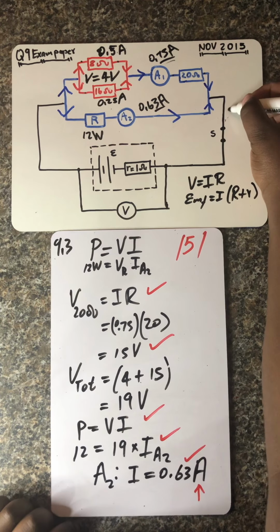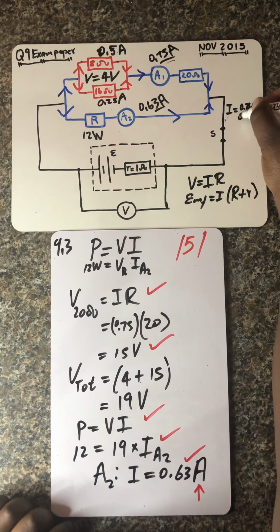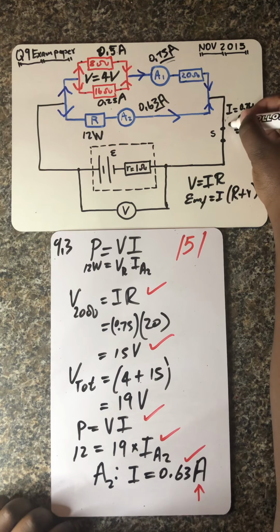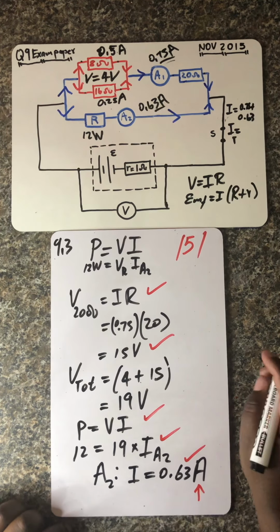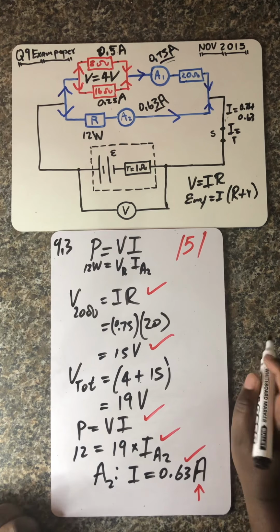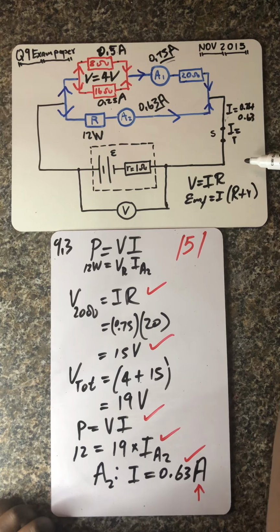So the current flowing there is equal to that 0.75 plus 0.63 amperes. So this is the total current, or the external current. That's what we talk about when we say the current flowing through the external circuit.